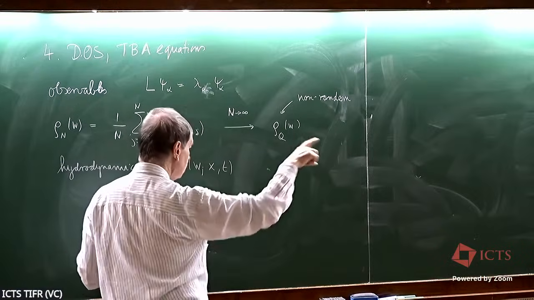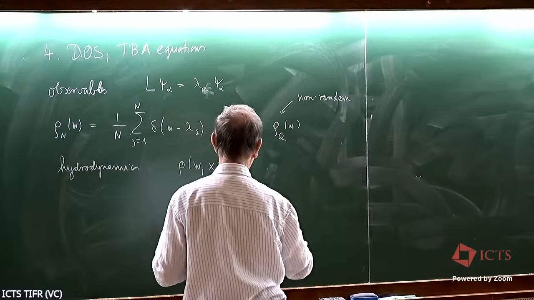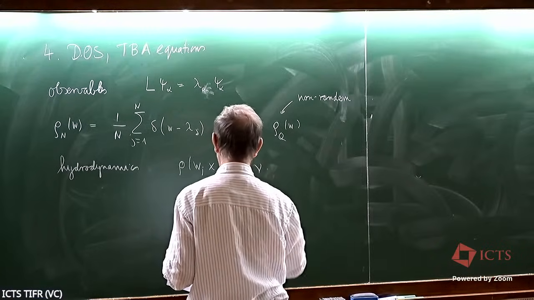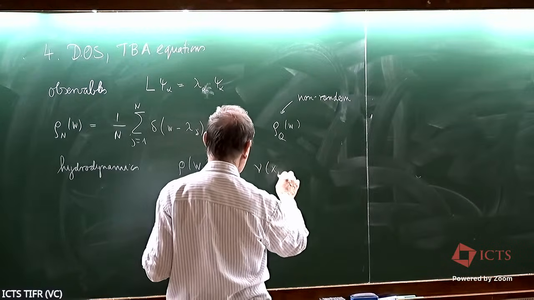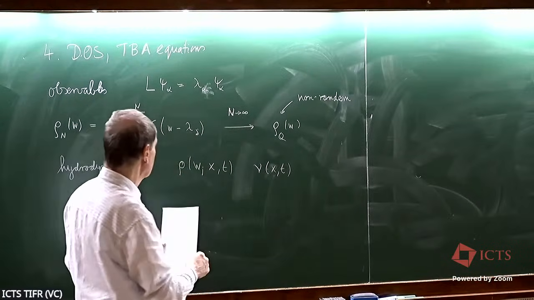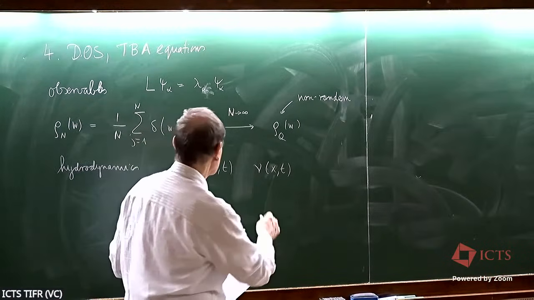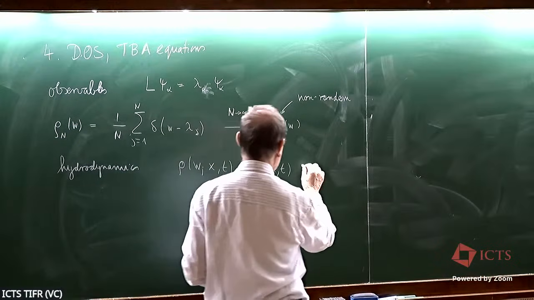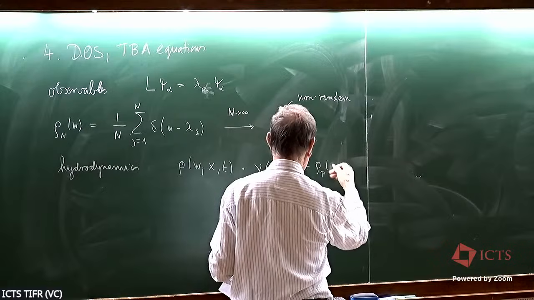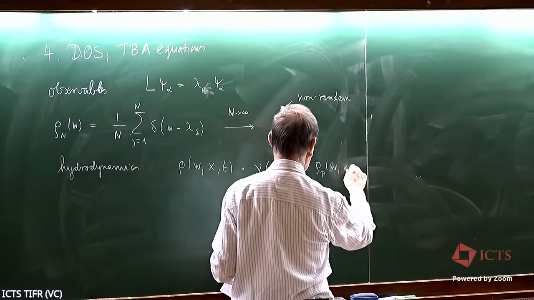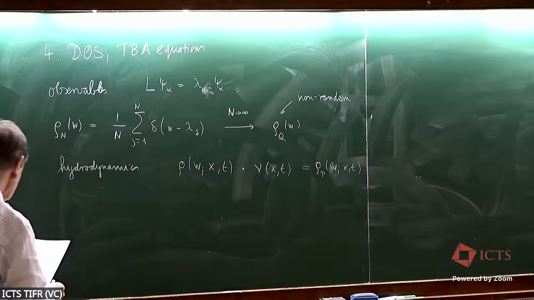And I still have the dual of the pressure, the free volume, which I've denoted by nu, but nu is not a function of w, it's just a number, but of course it will also depend on space and time. So the hydrodynamic equations will be written in terms of these things, right? And very often one takes the product and calls this object the particle density, which is rho of w, x and t. It's just a convention.